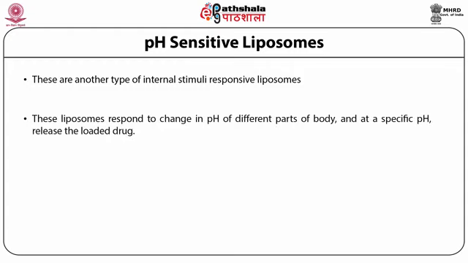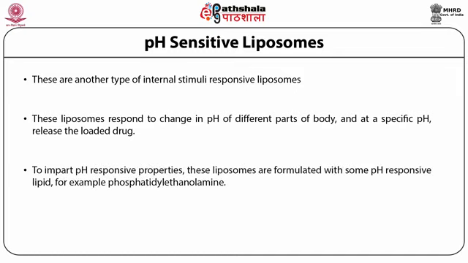These liposomes respond to a change in pH of different tissues of the body and at a specific pH release the loaded drug. To impart pH responsive properties, these liposomes are formulated with some pH responsive lipids. pH responsive lipids undergo conformational changes at the specific pH.